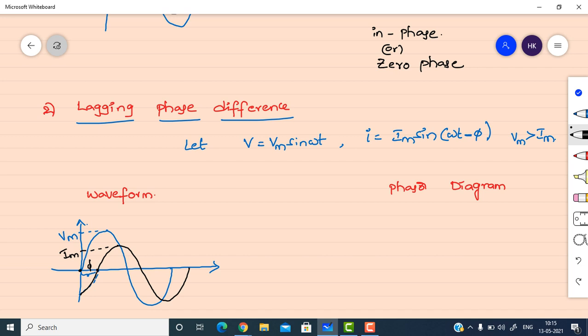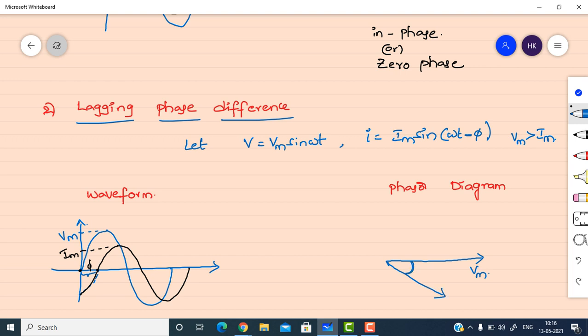Now draw the phasor diagram. Take voltage phasor as a reference phasor. In the positive x-axis direction, you can draw the voltage phasor. This is Vm. Next, the current phasor below. Why? Because it is lagging, minus sign.